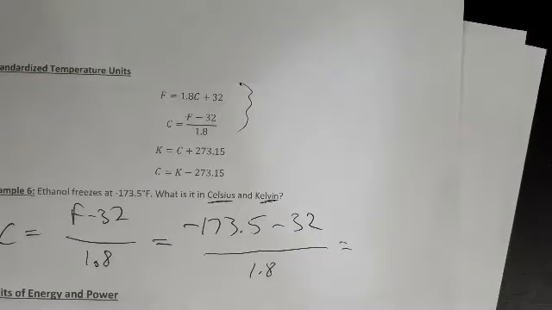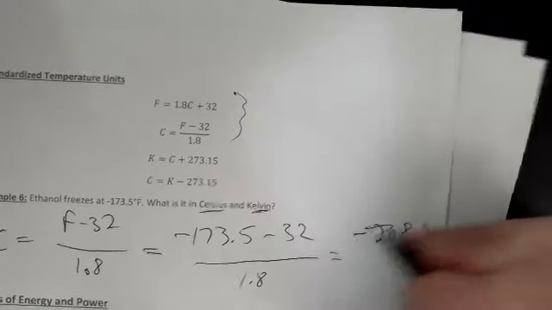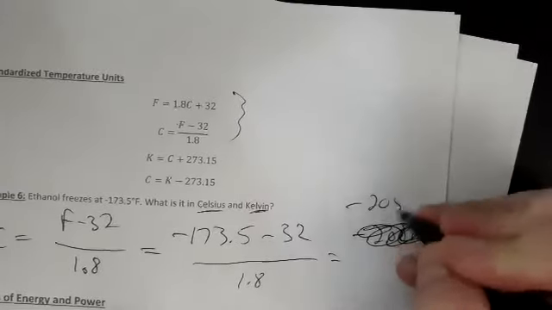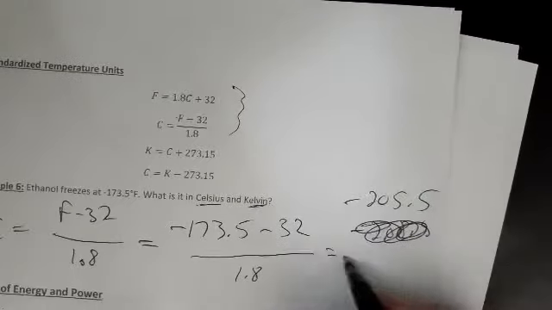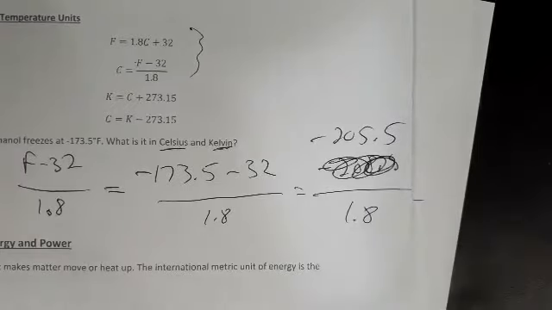So I'm doing minus 173.5 and I'm subtracting 32, so it should be a larger negative number. And this is why we do math in pencil. And this is divided by 1.8.